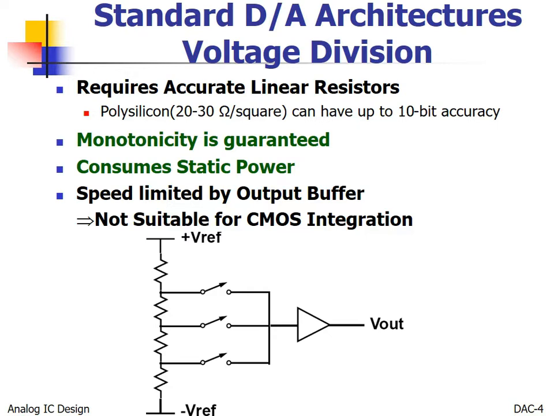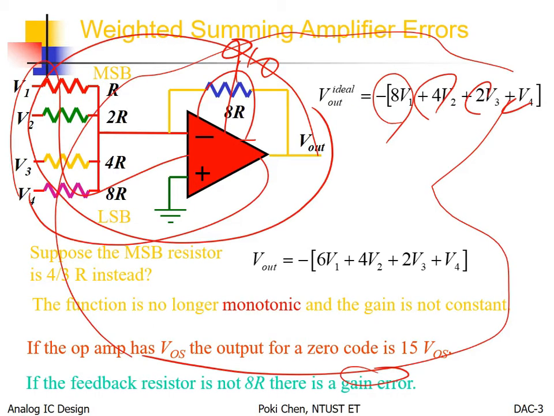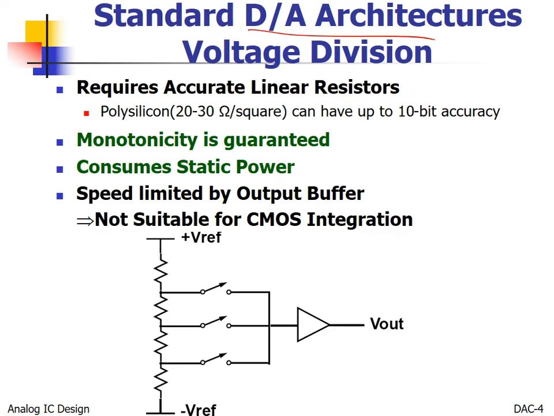Actually, for our real DAC design, we have 3 standard structures. Oh, it belongs to current steering because all the currents need to be turned on or off. All right? But from the beginning, allow me to show you, we have 3 kinds. First of all, voltage division.